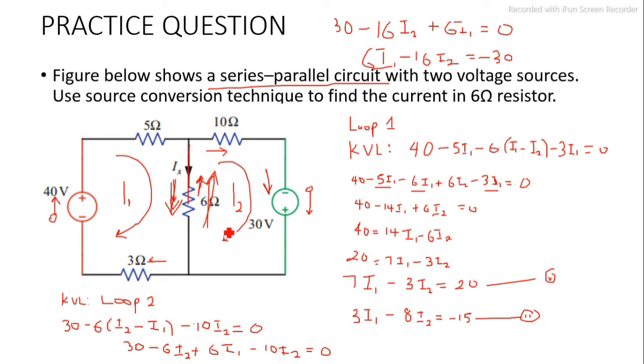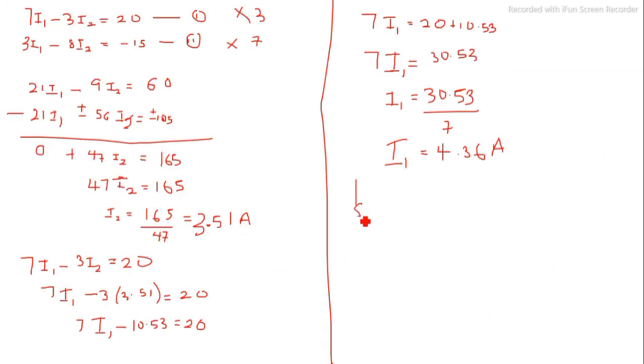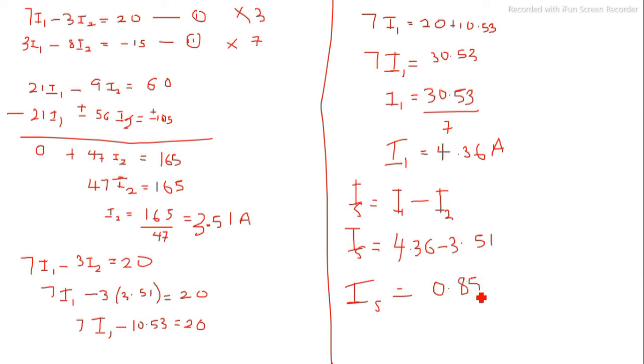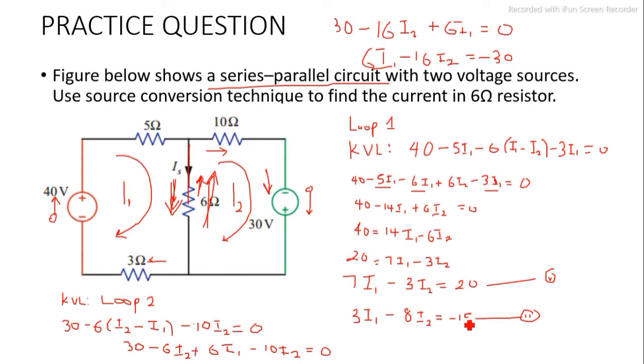So IS is I1 minus I2, that's 4.36 minus 3.51, which is 0.85 ampere. So that's the current flowing through this IS.